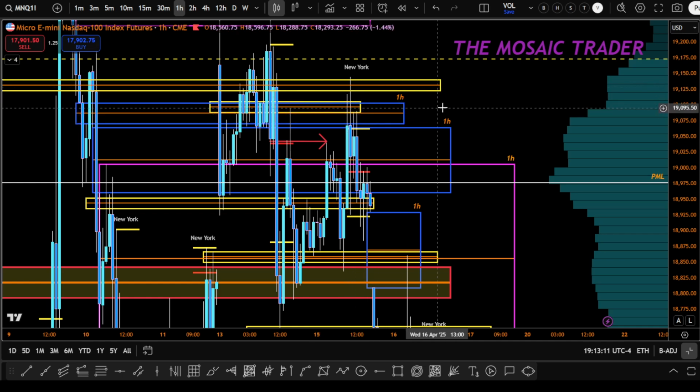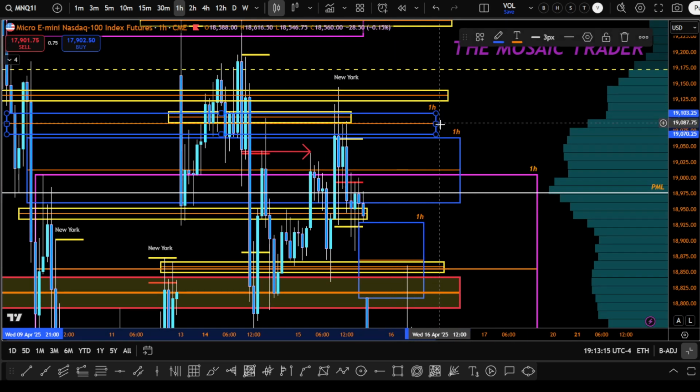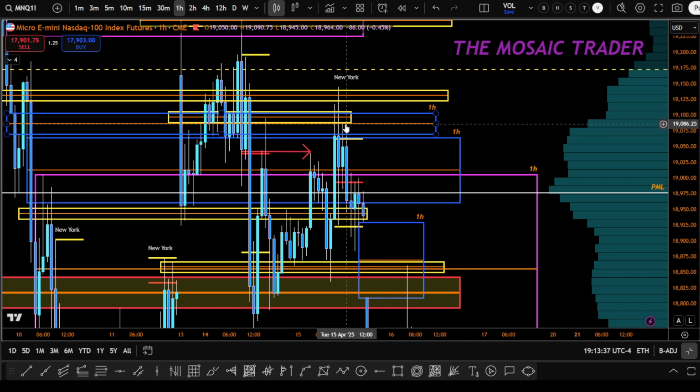Went through here, but then again this fair value gap here and this node, we had confluence right over here. Easy stuff, right? The middle of this fair value gap and the bottom of this node. Perfect, beautiful resistance, right? So it's easy stuff, right?